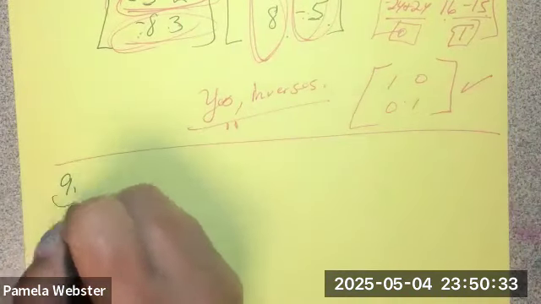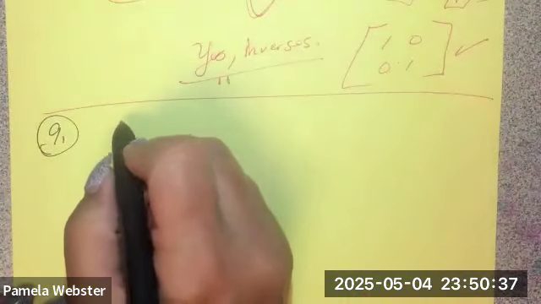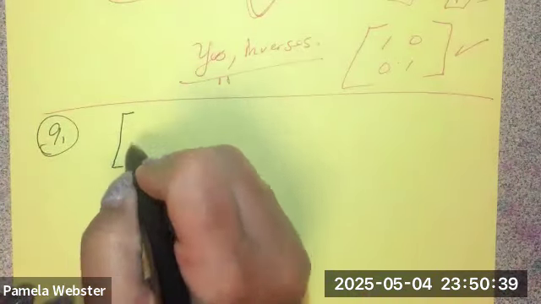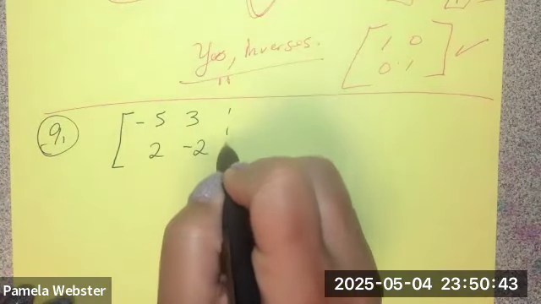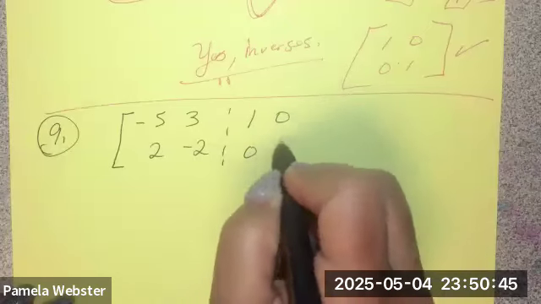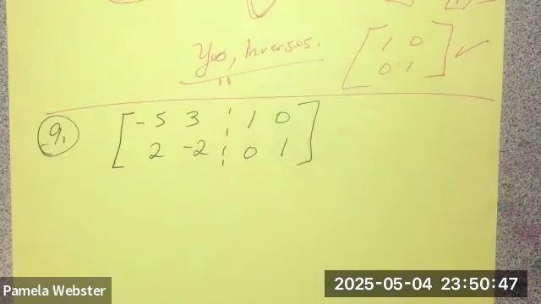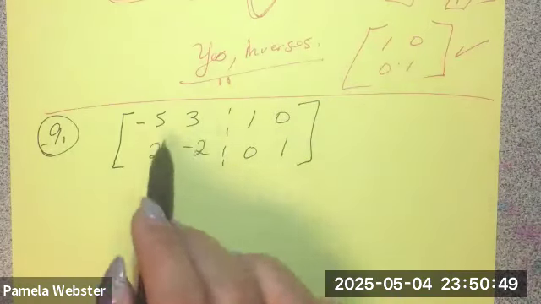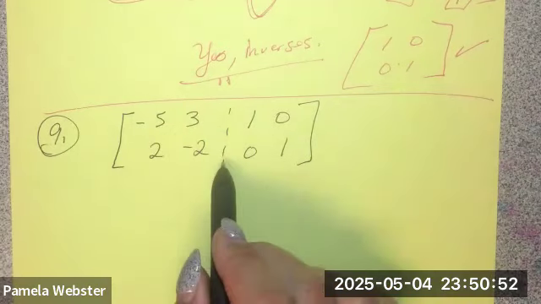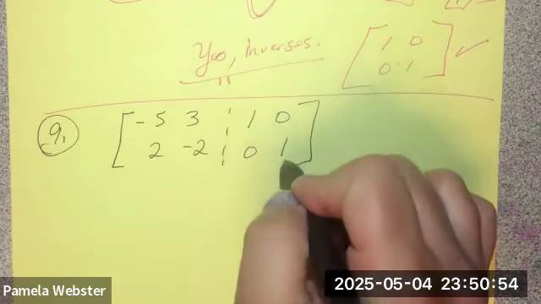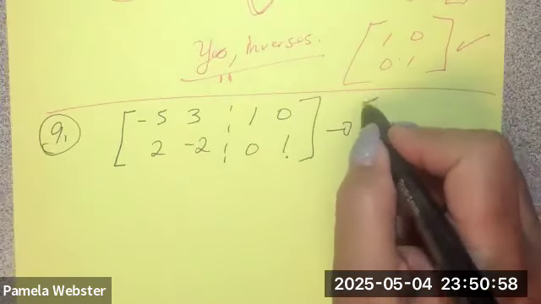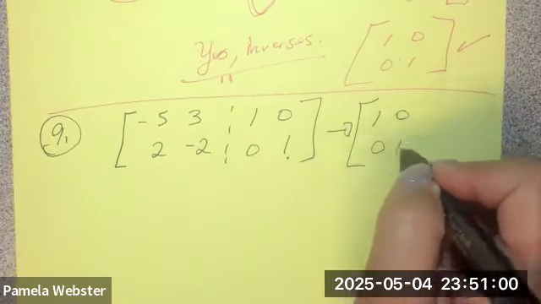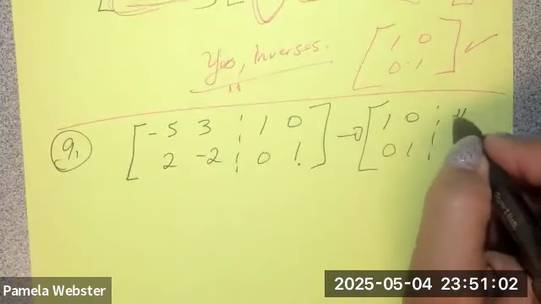Real quickly, I'm not going to work number 9, but I want to throw something out there. The way you find something's inverse that we showed in this class, the way it shows in your book, is that you take your matrix and you augment it with the identity matrix. And then you solve this. You want this to turn into 1, 0, 0, 1 with some numbers.